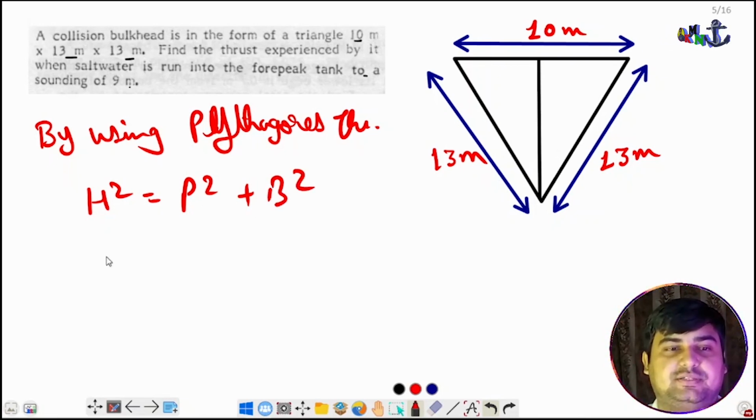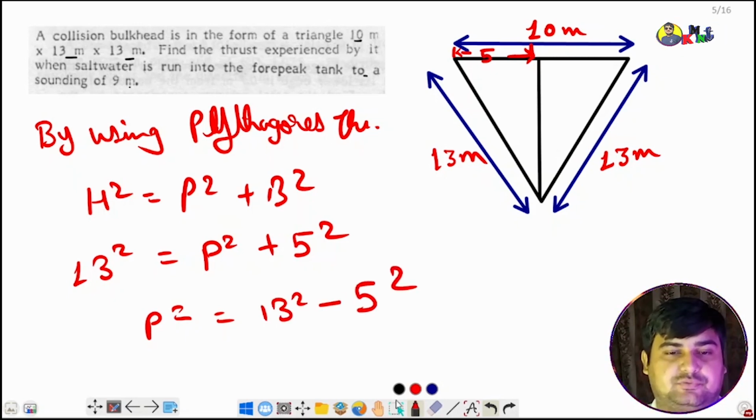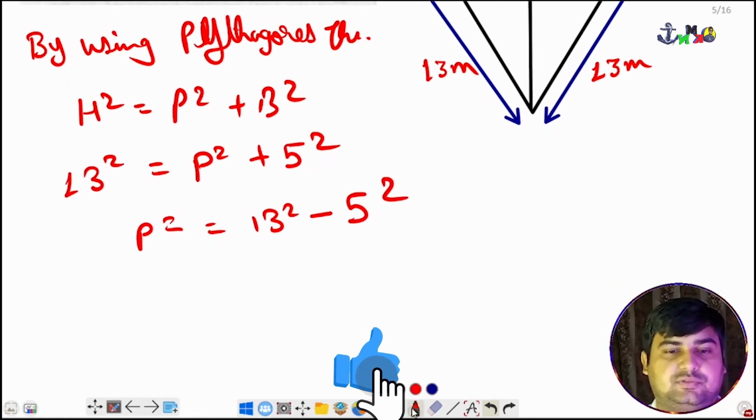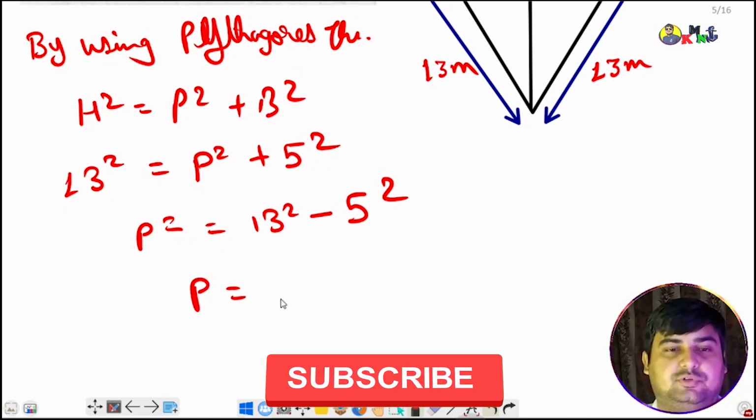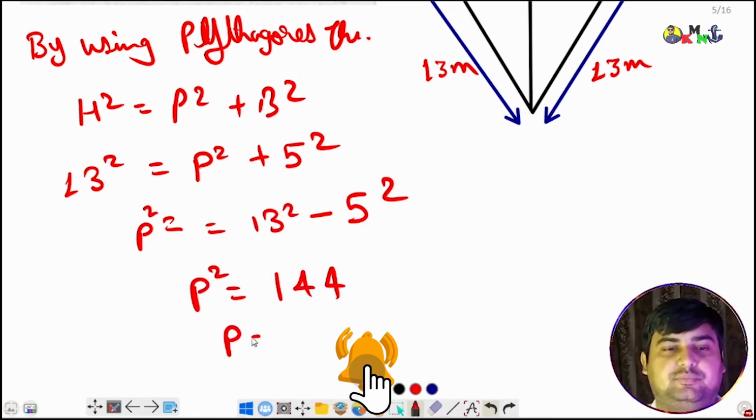Here the hypotenuse is 13, so 13 square is equal to perpendicular square plus base square, where the base is 5. So perpendicular square is equal to 13 square minus 5 square. So P square is equal to 144. So P will be equal to 12.